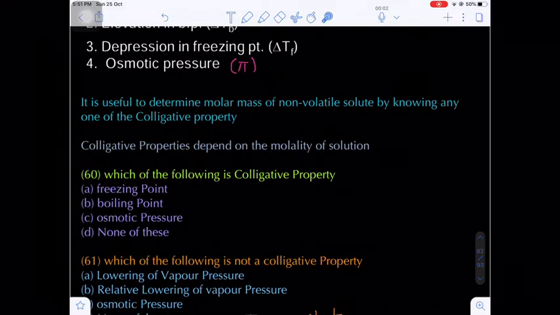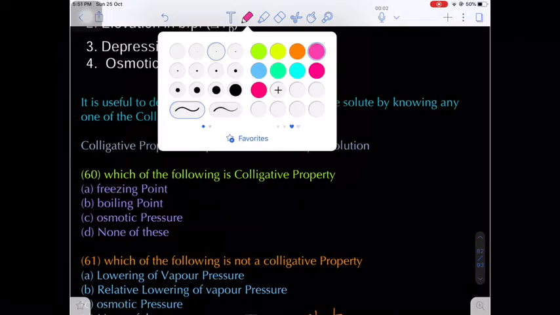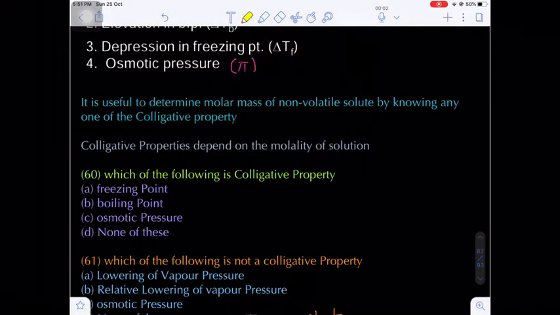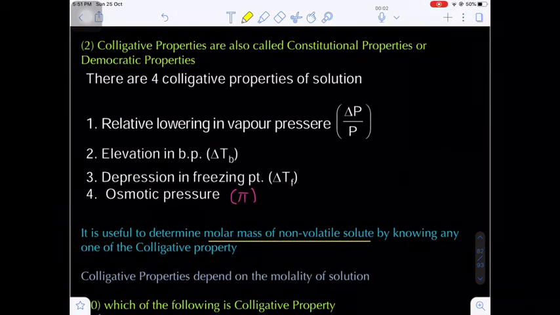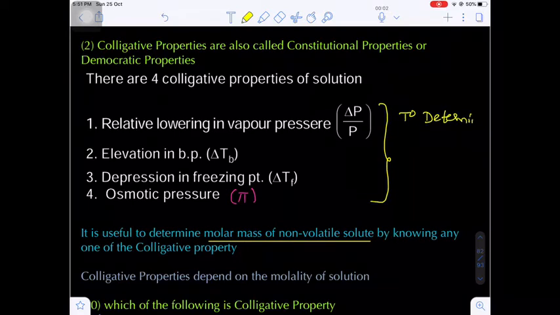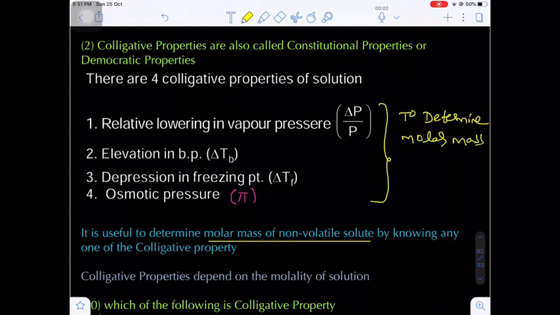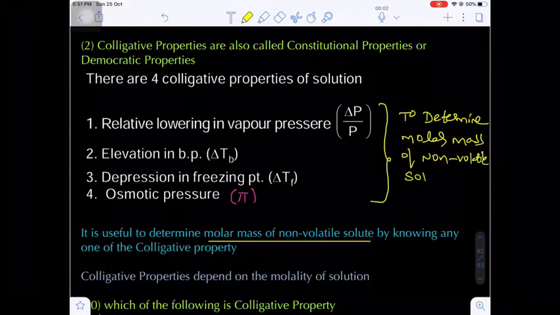Okay. Now what is the main importance of these colligative properties? These colligative properties are very useful to determine the molar mass of a non-volatile solute present in the given volatile solvent. That means these four colligative properties are essential properties to determine the molar mass of a non-volatile solute.